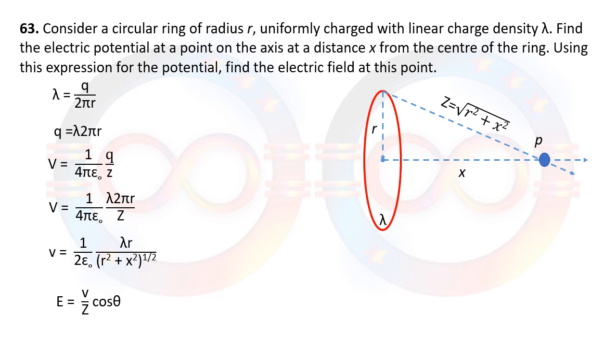Now if we want to find the electric field, for that we know that at that particular point the electric field is always the cosine component of the total field. Because if we consider two small charge elements at diametrically opposite points, they will produce two fields, and both fields would have two rectangular components.